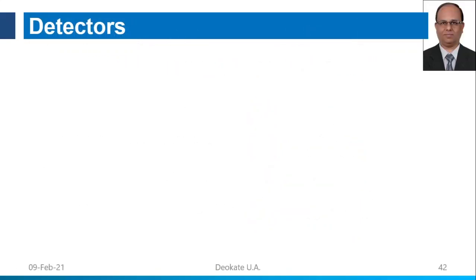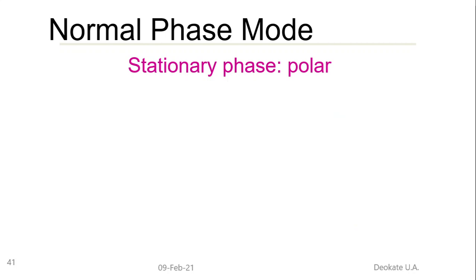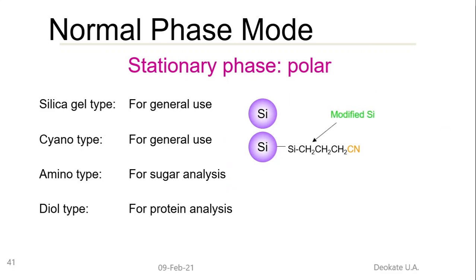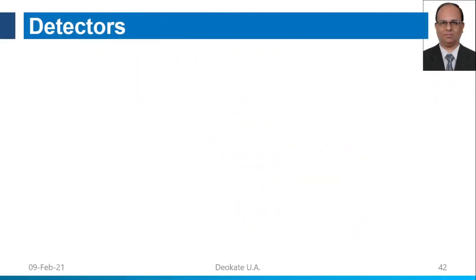Then amino type: certain chiral substances or certain sugar substances can be separated on amino columns. Diol type: two hydroxyl groups are attached in the diol stationary phases. They are used to separate proteins and for the analysis of various amino acids. So these are certain stationary phases used.